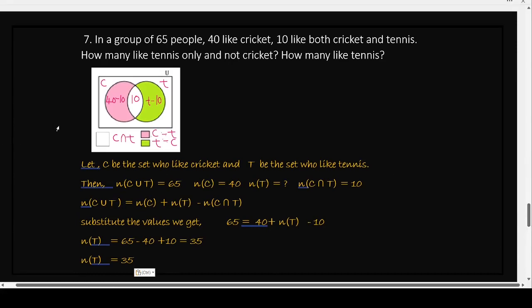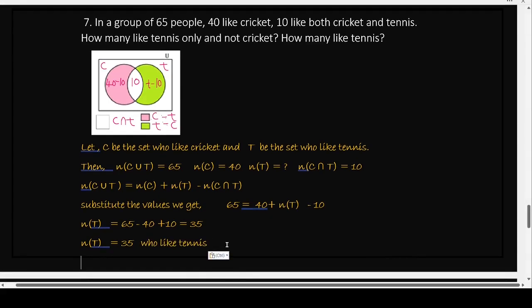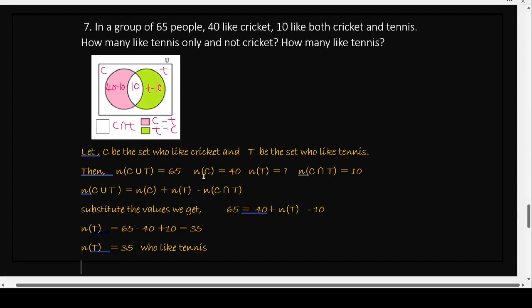So what is n(T)? It is the number of people who like tennis. This complete set is T. That means the people who like tennis, and that includes the people who like both tennis and cricket also. Now we want the people who like tennis only, not cricket.